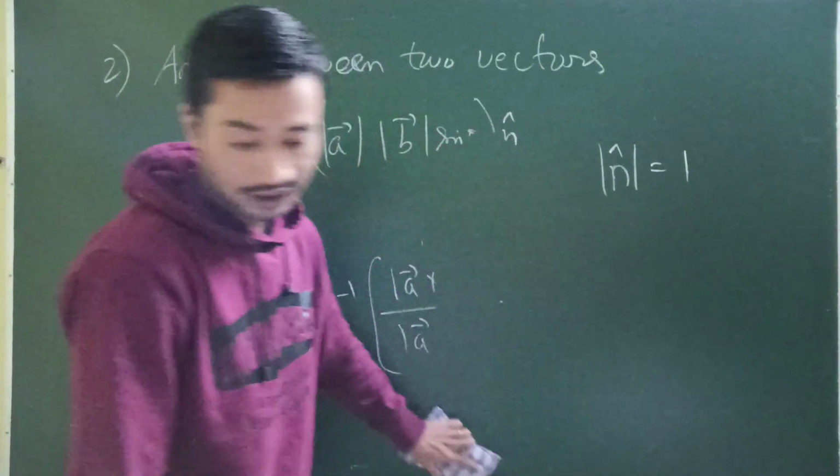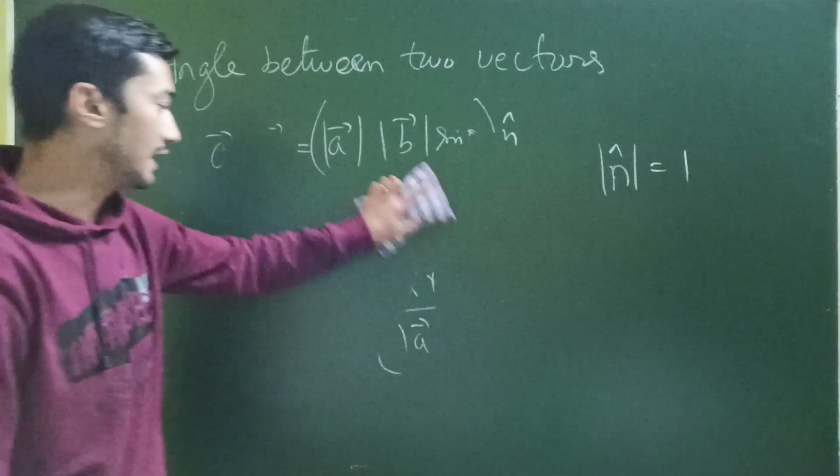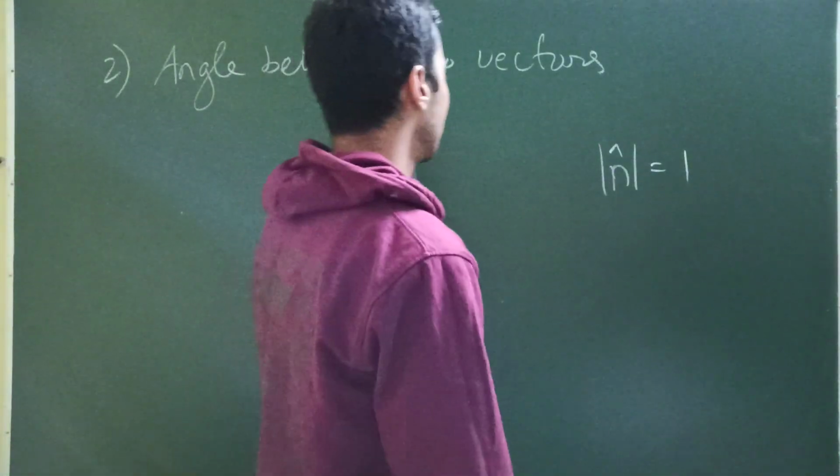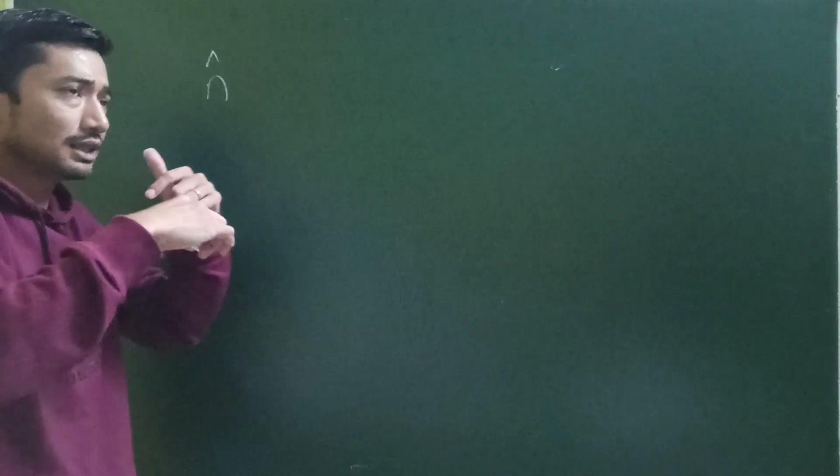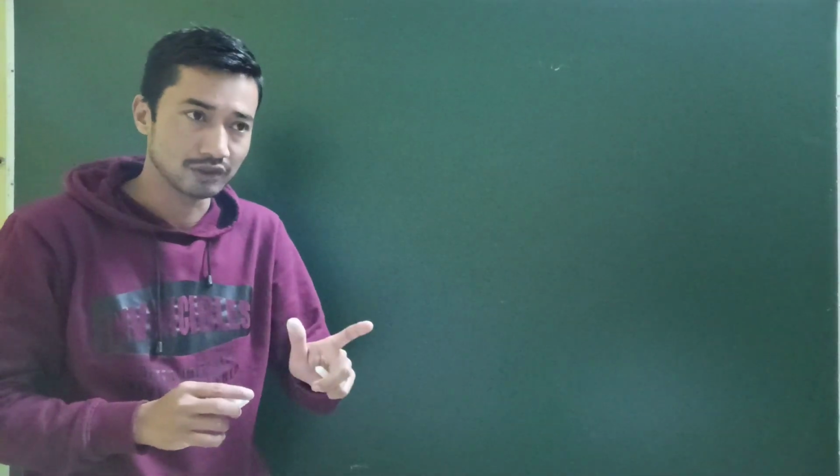Now let's talk of another formula. Sometimes the question will be like, find out that n cap. What is n cap? It's that resultant unit vector which is going to be perpendicular to both vector A and vector B when you go for the cross product of two vectors.